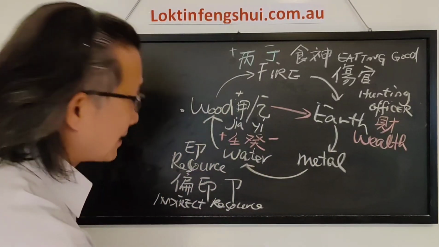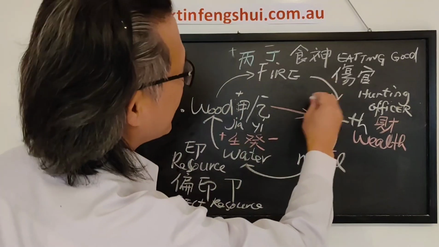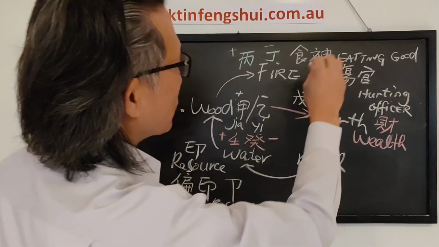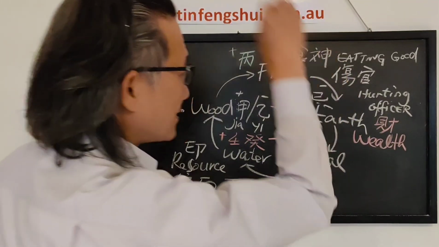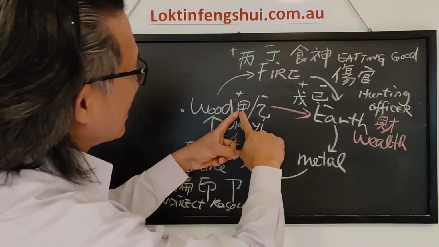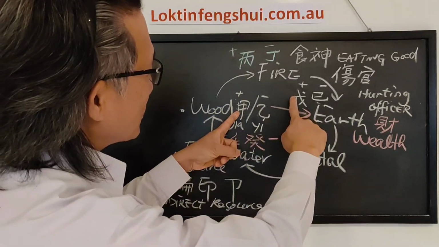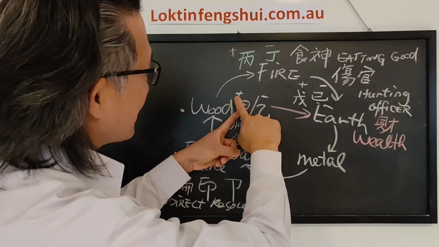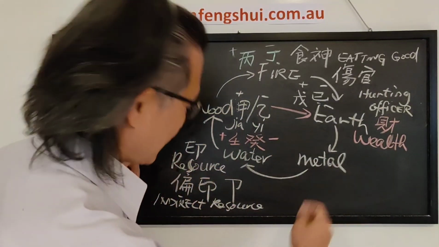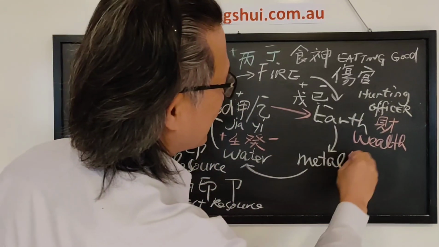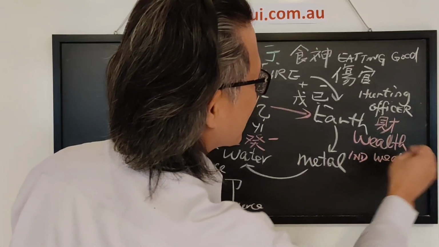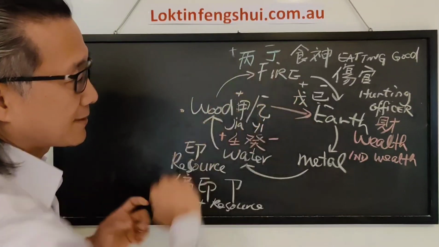So in here, the earth will have the wu, right? And the ji. So wu is yang and ji is yin. Okay. So when jia controls wu, like yang controls yang, it is called indirect wealth. So we call it indirect wealth, which is when the yang looks at the yang.